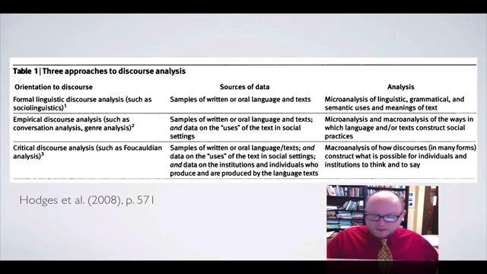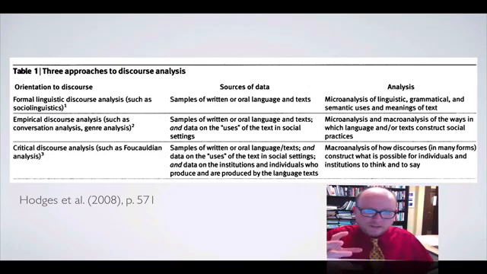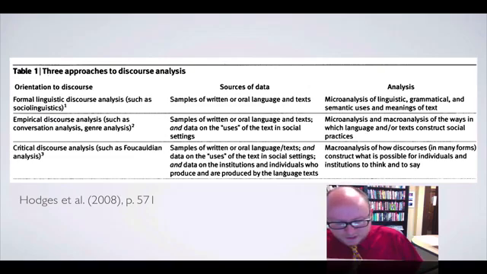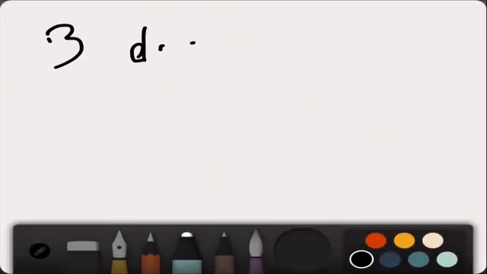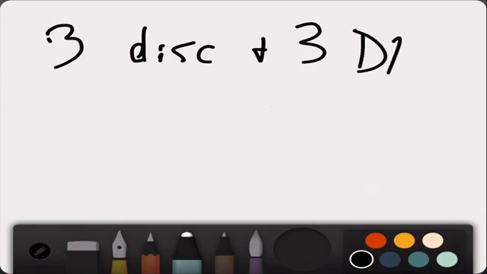Now, I want to give some illustrations of this and, again, line up all of these things together because there's a lot going on, but there's really three different ways that we can think about discourse and corresponding three different ways to think about discourse analysis.